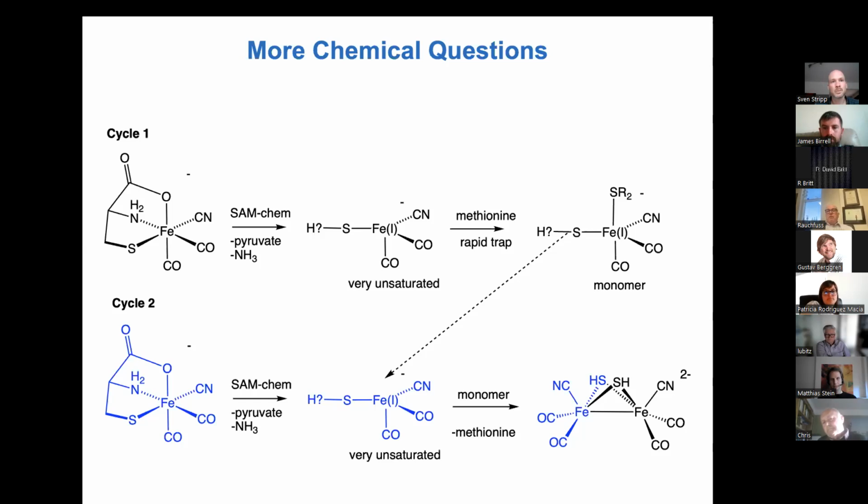And that monomer, I used to have a French postdoc, she always said monomere. So that monomere is waiting for the second one to be created. And then when the second one is created, presumably the first monomer, the SH, binds to the second one, and there you have the bis-SH synthon.